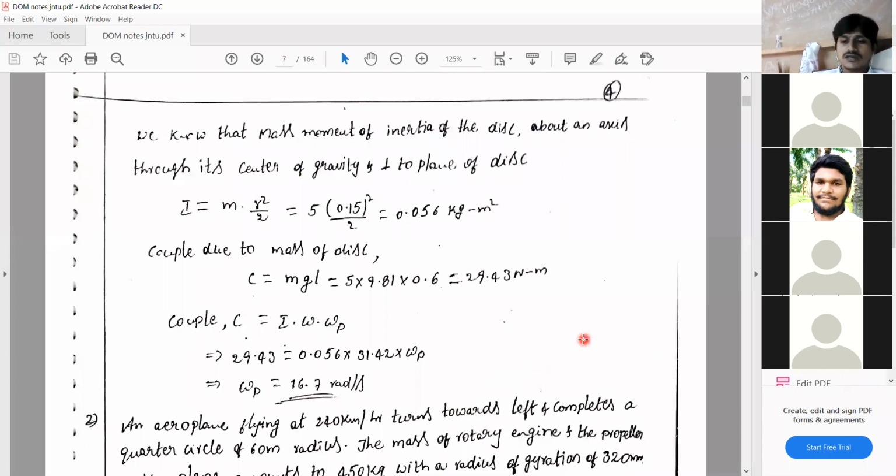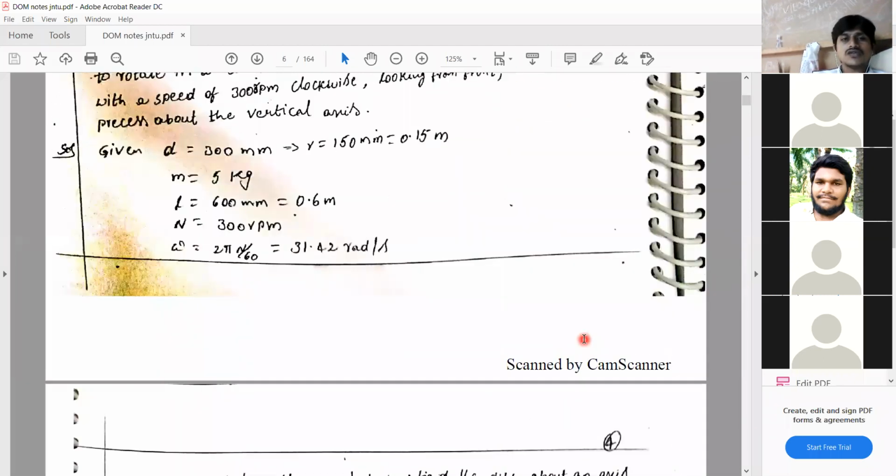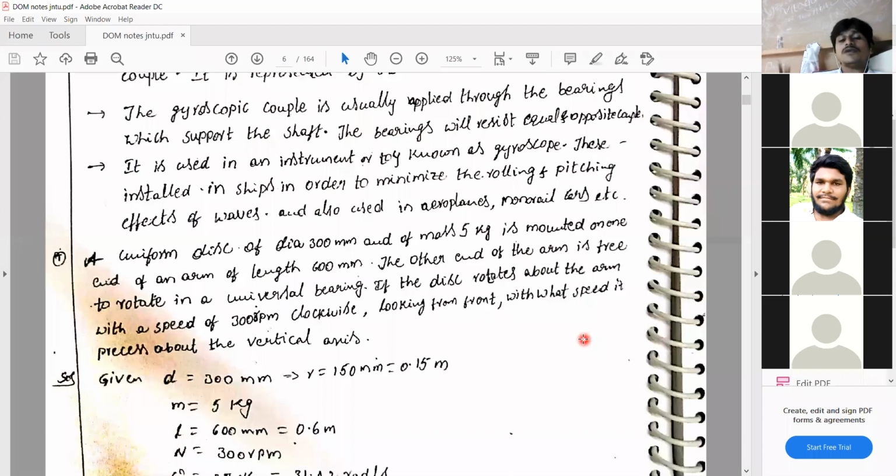So this is a simple problem belonging to the gyroscopic couple. All of you observe that in our problem description, one shaft is carried by a bearing at one end and the other end is free to rotate.